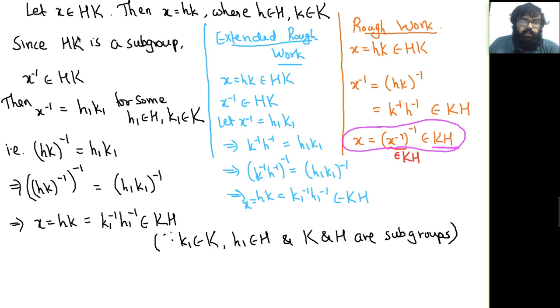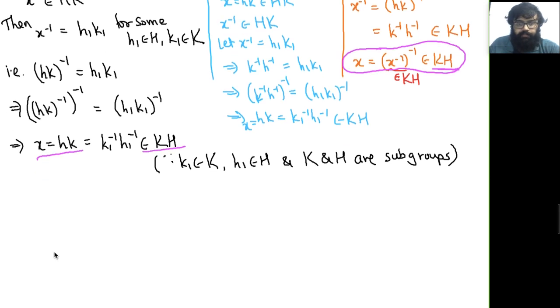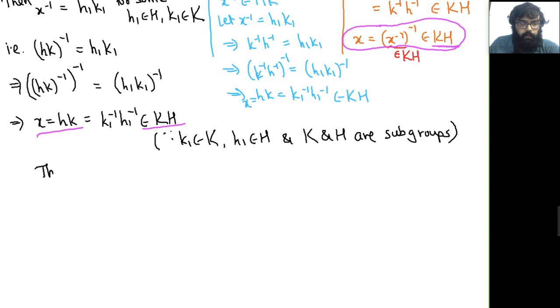So we started with x equals hk, x an element of HK. We have got x equals hk is an element of KH. So what we have proved? Therefore, we have proved HK is a subset of KH.